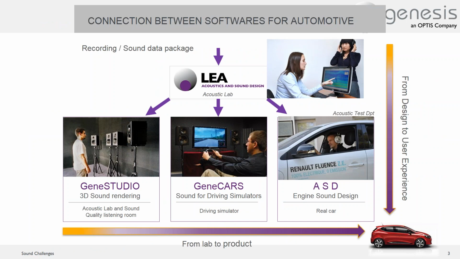Kind of the bread and butter of the Genesis tools is something called LIA, and this is our virtual acoustic lab. So we can evaluate sound and also design sound. And it all starts with a recording.